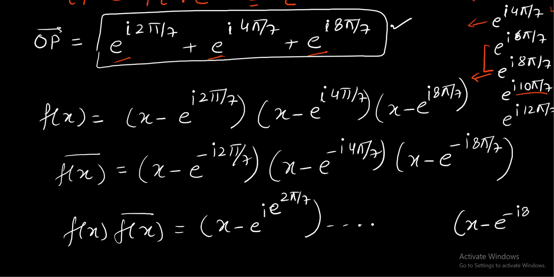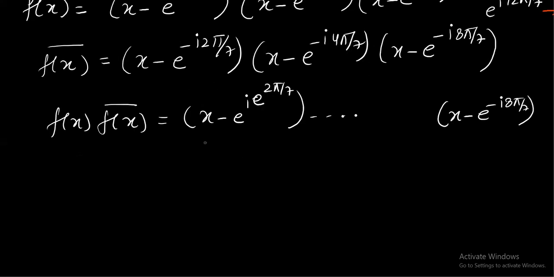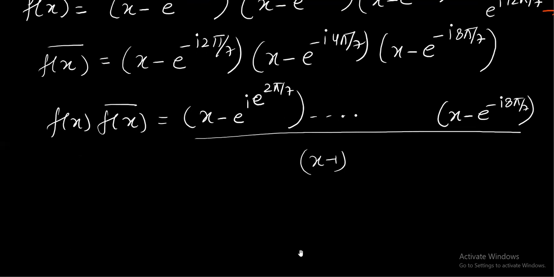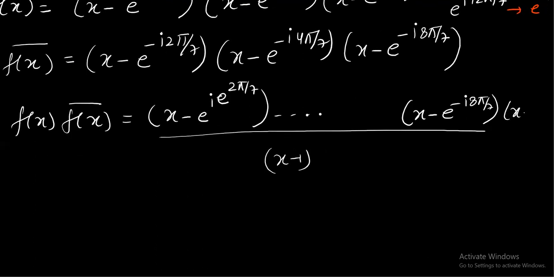So it will become e^(minus iota 8π/7) like this. Now, if I just multiply and divide it with x minus 1, then you will come to know that numerator is nothing but a polynomial, which is x^7 minus 1, right?